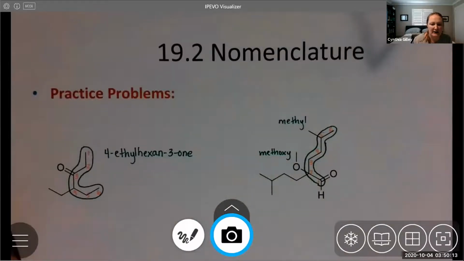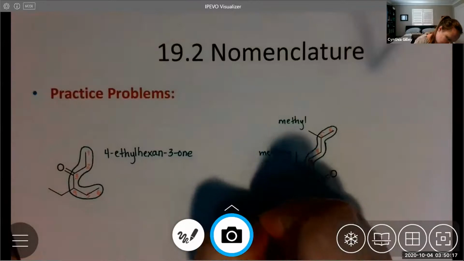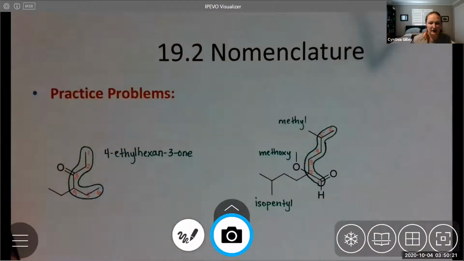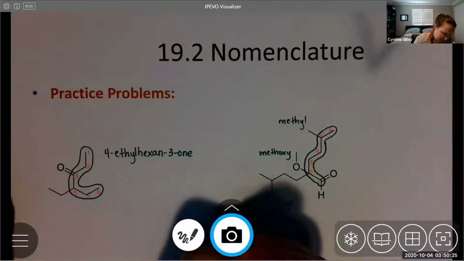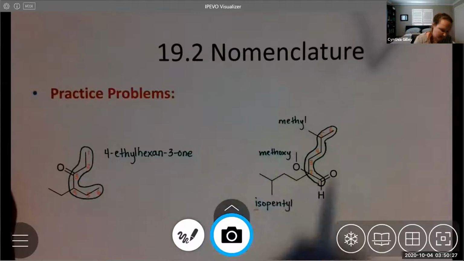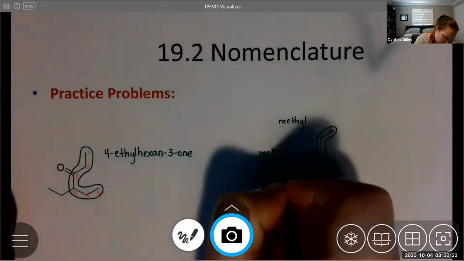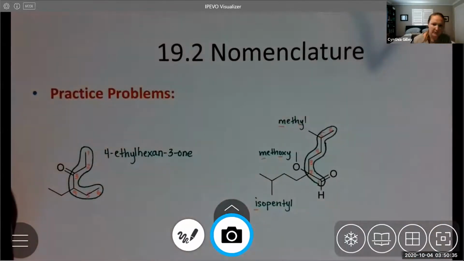So this is an isopentyl group. In terms of the alphabetical order, the I counts. So it's I versus M and M, right? M and M is a tie. But alphabetically, the O comes before the Y, right? So methoxy comes before methyl in the name.